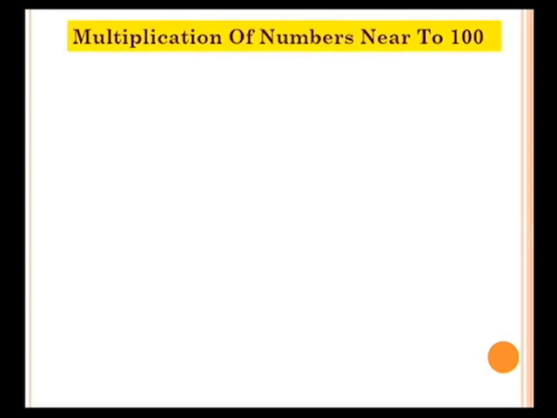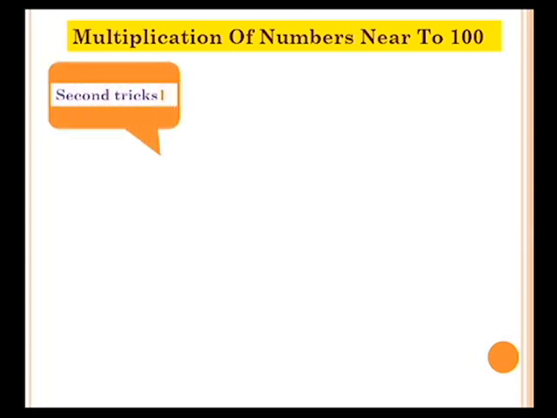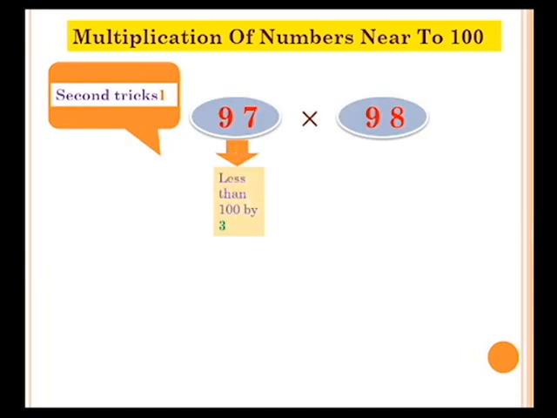Now another trick, that is the multiplication of numbers near to 100. We have to take the product of 97 and 98. Look at these numbers. 97 is less than 100 by 3 and 98 is less than 100 by 2.